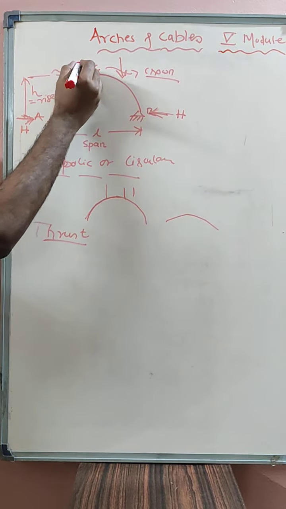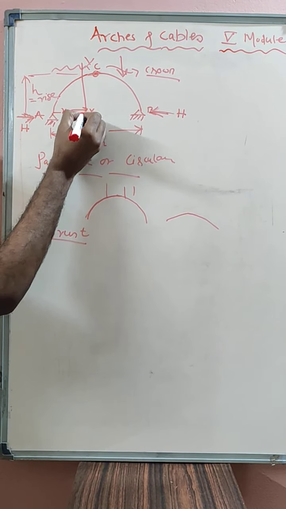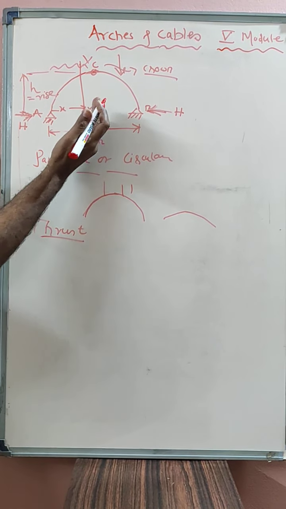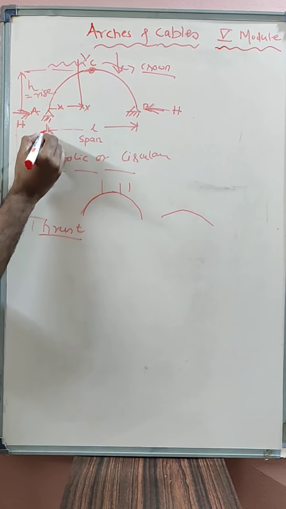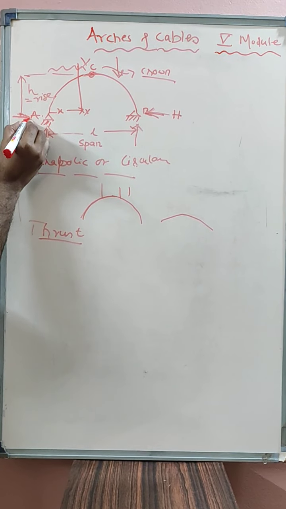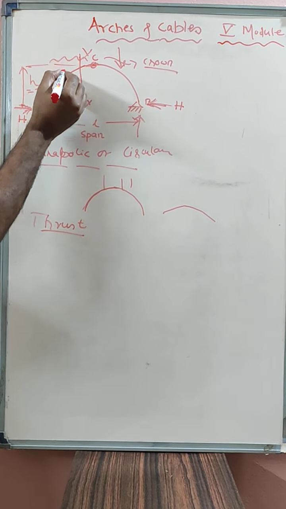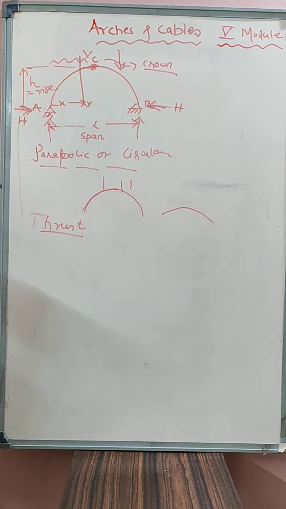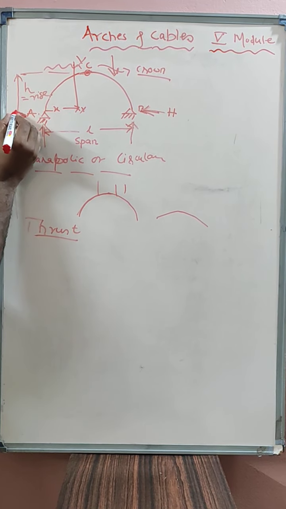Then when you take the bending moment of an arch at any section, it is the algebraic sum of all the moments. When you take the left side, then apart from reactions at the support, there will be thrust. So moment due to reaction and moment due to loading is similar to the moment that exists in case of a beam. What is additional in case of arches is the effect of H.